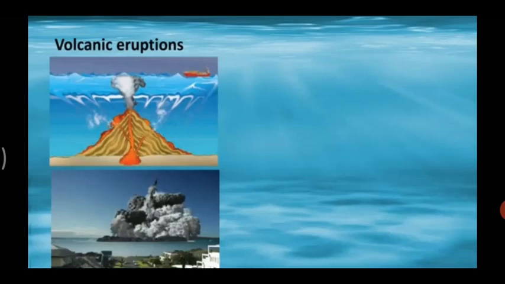For example, when a volcanic eruption occurs, a lot of water vapor, carbon dioxide and gases like chlorine are released into the ocean water.